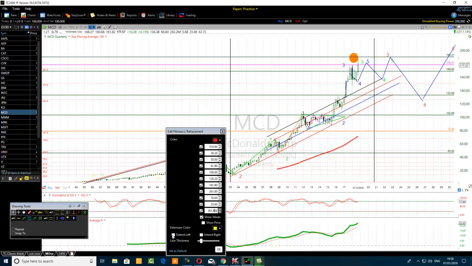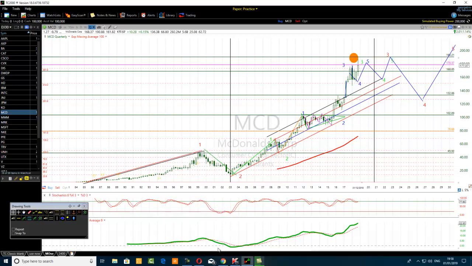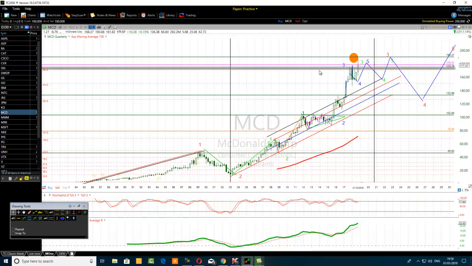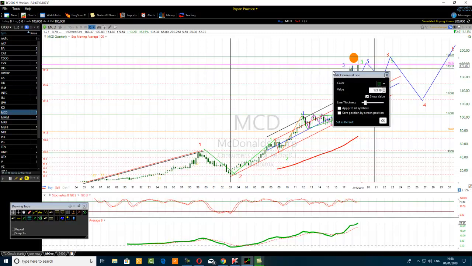I will set it as a default. Bam. Can you see 361? Here it is. Did you see that? I'll color it red so you can see it on my chart.